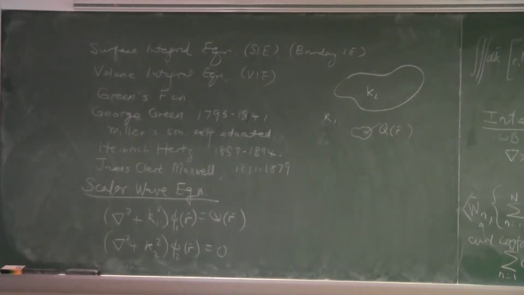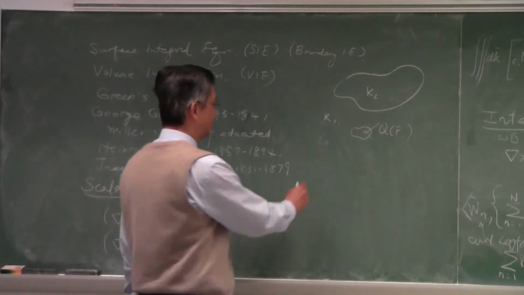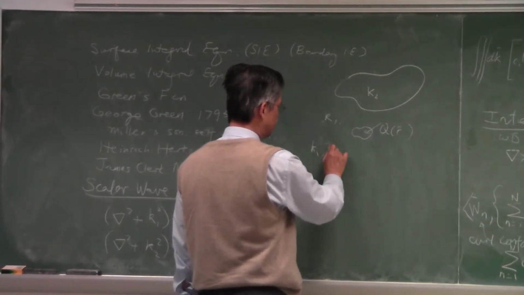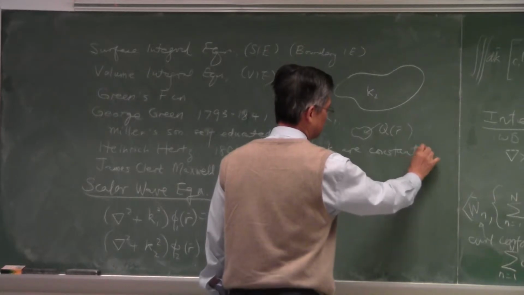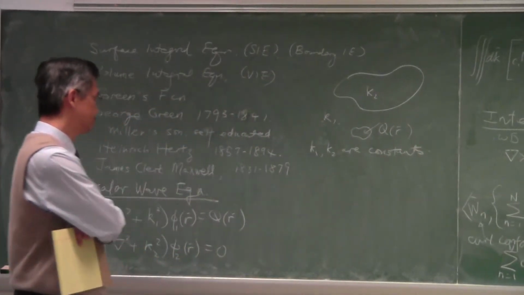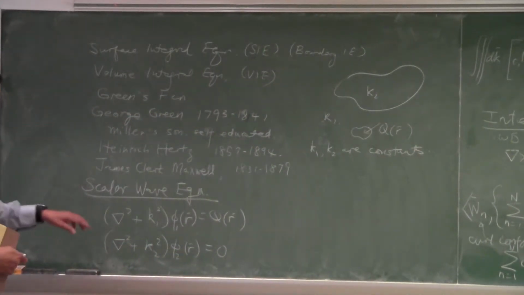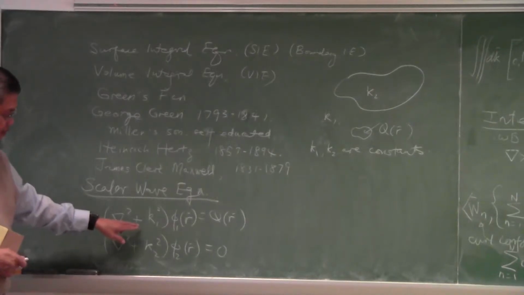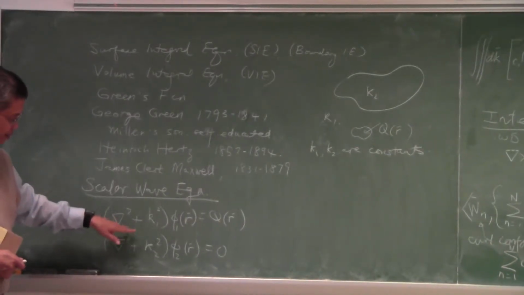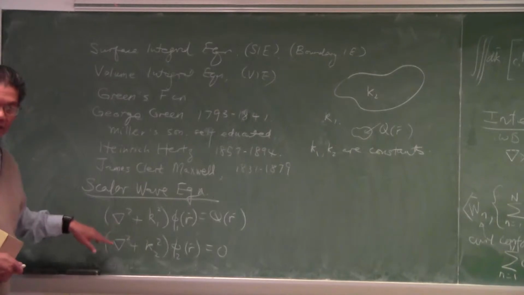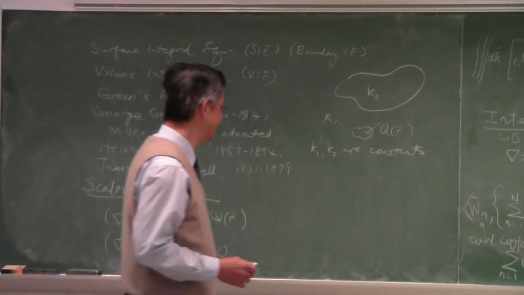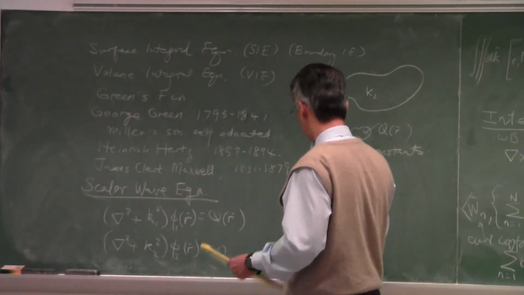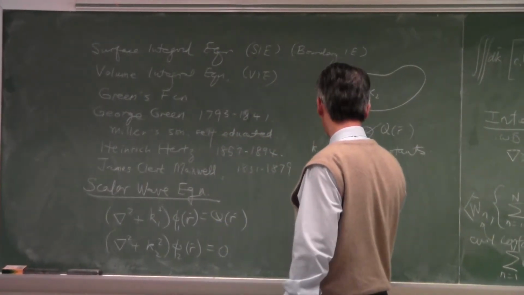These are all Helmholtz wave equations. And k1 and k2 are constants. Okay, they're all constants. So this equation has a closed form in a sense, because when this is a constant, there are solutions that you can find for this equation. So we can make use of the Green's function technique in order to solve this problem. So we look for the Green's function in each region.